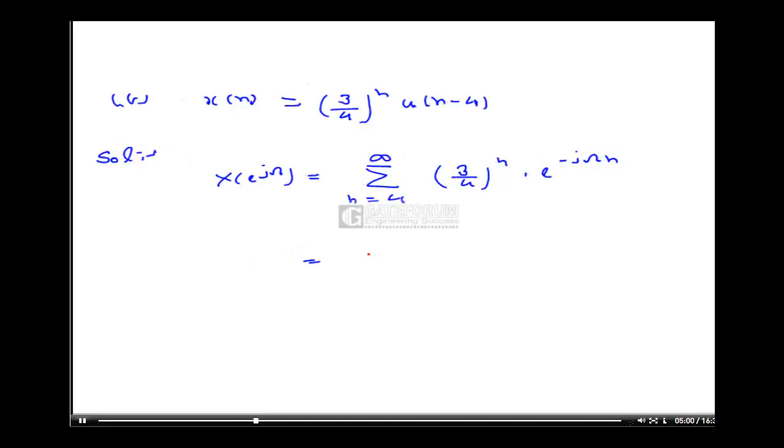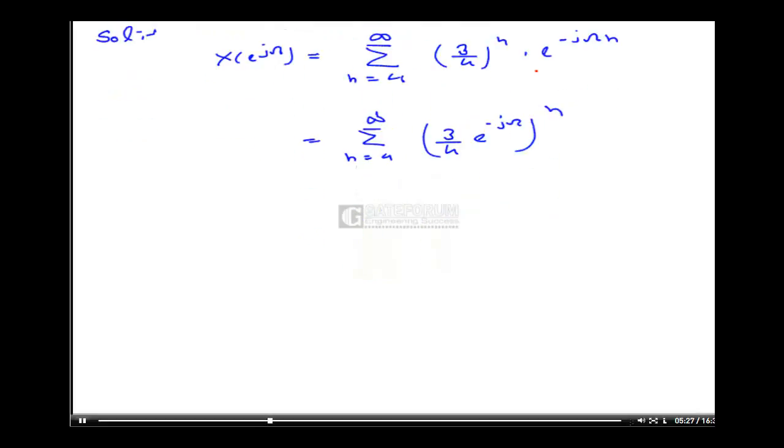I can write this as a geometric series. Okay. Geometric series with the ratio raised to the whole n. Okay.